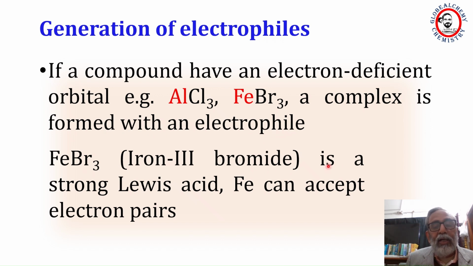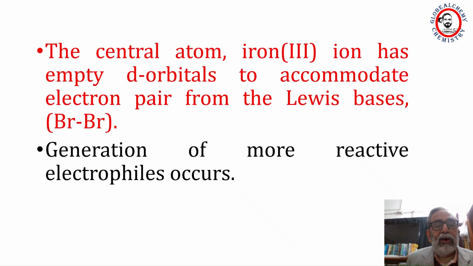FeBr3, iron tribromide, is a strong Lewis acid. Aluminum chloride is also a strong Lewis acid, and iron can accept electron pair. Similarly here aluminum can accept electron pairs. The central atom iron has empty d orbital to accommodate electron pair from the Lewis bases, for example bromine.